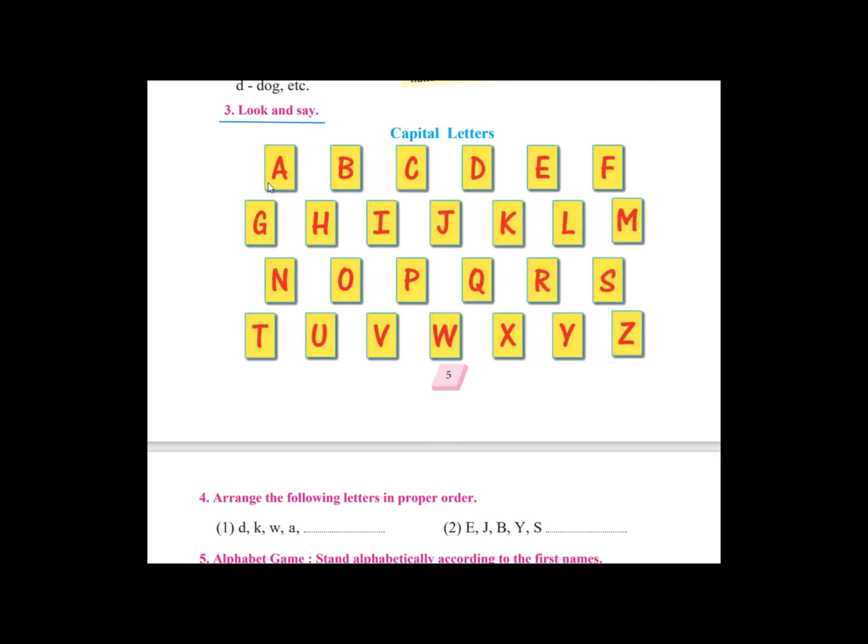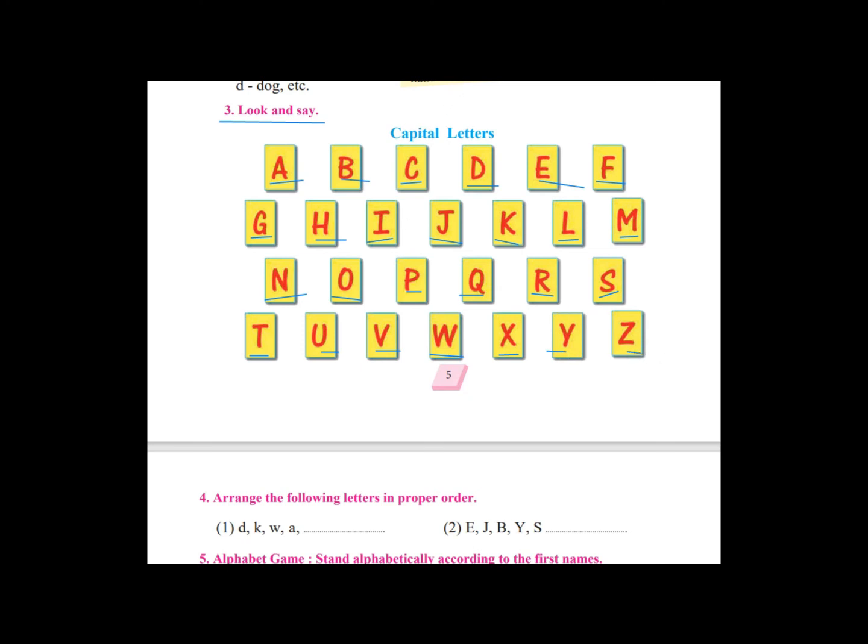See, the first letter is A, B, C, D, E, F, G, H, I, J, K, L, M, N, O, P, Q, R, S, T, U, V, W, X, Y, Z.